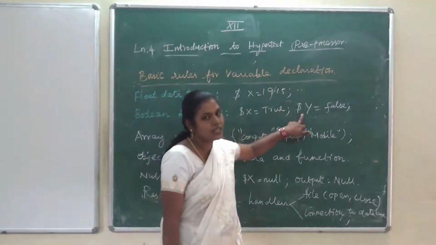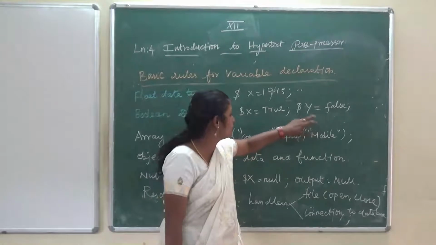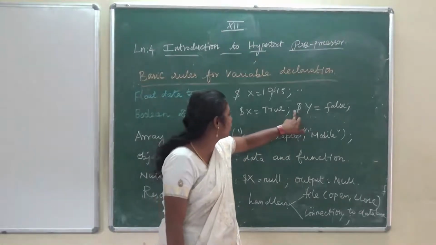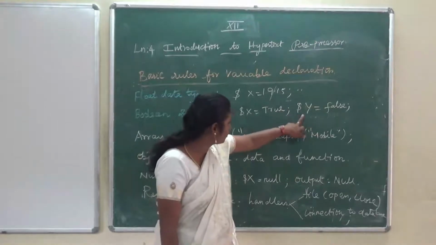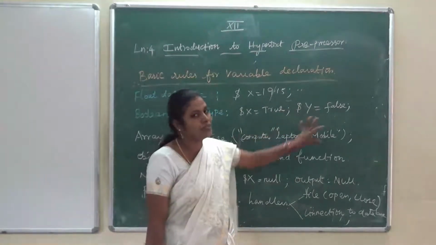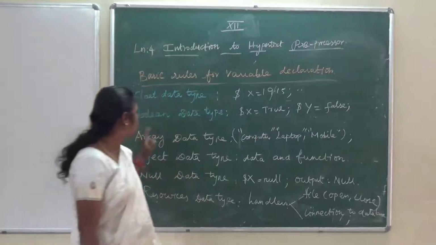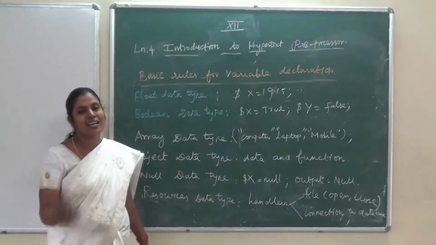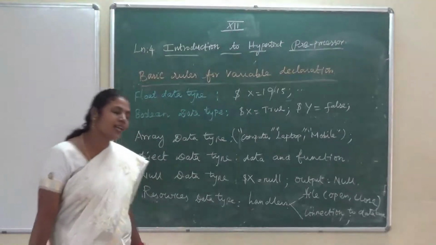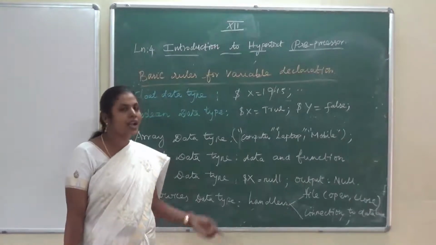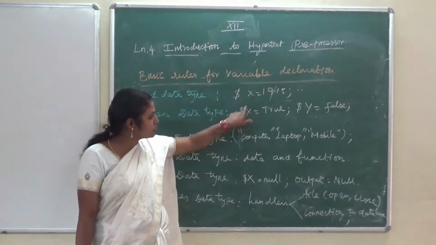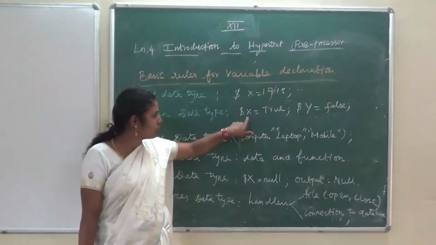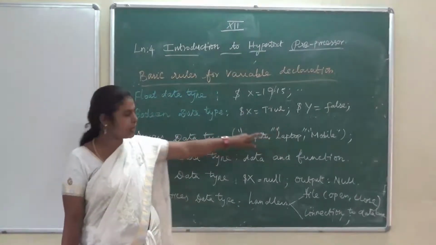If the y condition is satisfied in a program, then x is false and y is true. That's why through the Boolean data type we can get only two types of result, either true or false. If the first condition is true, the first one is the answer. Suppose the first condition is false, then what happens? The second one is the answer.